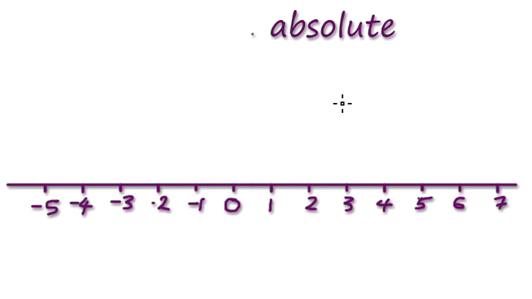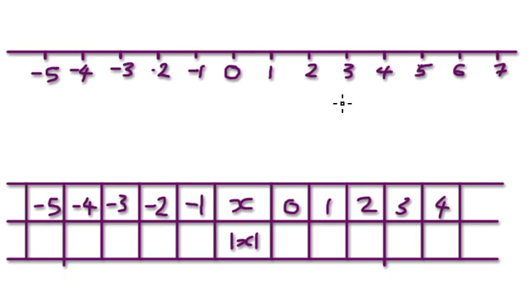Okay, so if you try to create a table like this, let's say when x equals 0, the absolute value of 0 is 0. When x is 1, the magnitude is 1. When x is 2, the magnitude is 2. When x is 3, it's 3. When x is 4, it's 4.